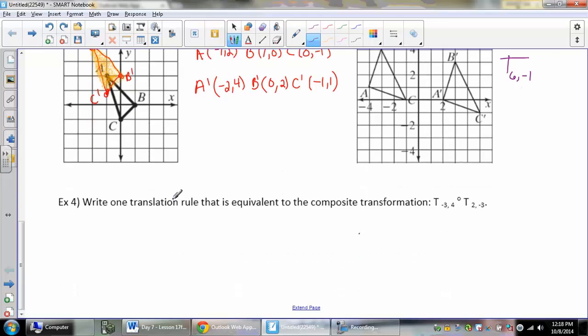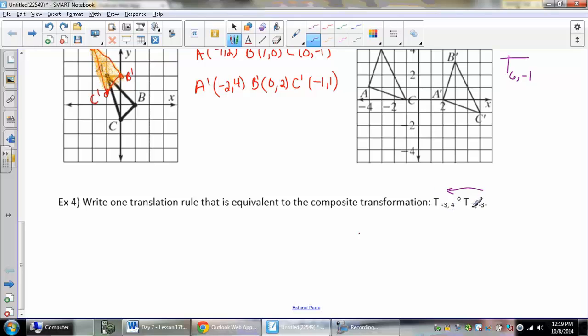And then last but not least, I want to talk about this one. One translation rule that's equivalent to the composite transformation T(−3, 4) ∘ T(2, −3). Now, one thing that's important to note, when you see this little ∘ notation, I like to call that following notation. And what it really means is that you go right to left. So we do a translation of (2, −3), and then do the translation of (−3, 4).